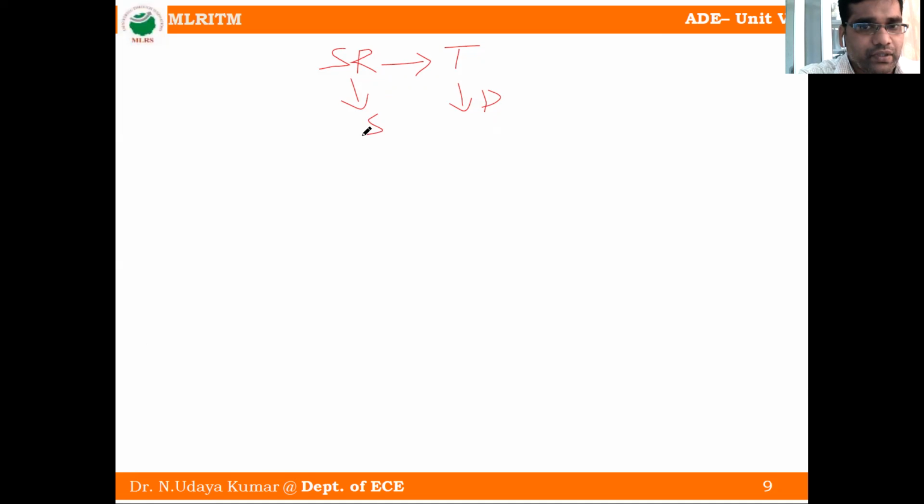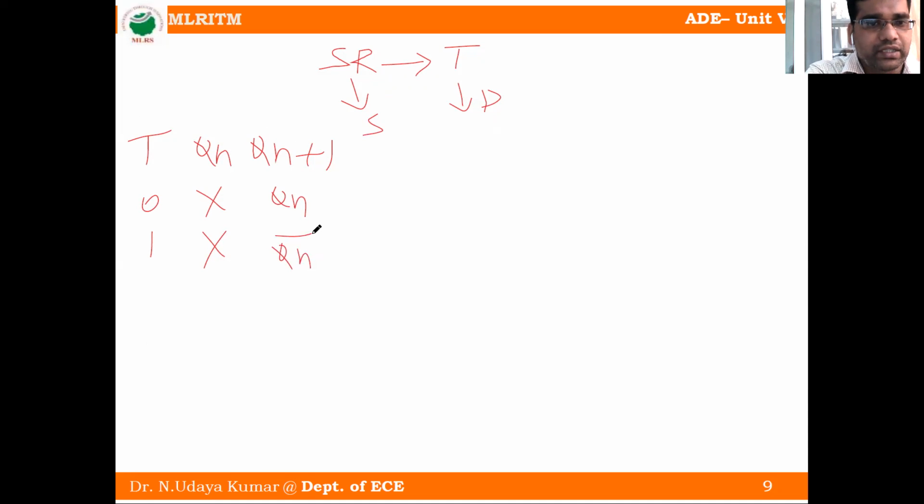The destination flip-flop truth table is T, Qn and Qn plus 1. For T flip-flop we are getting Qn and Qn bar. This is the truth table for the destination flip-flop.